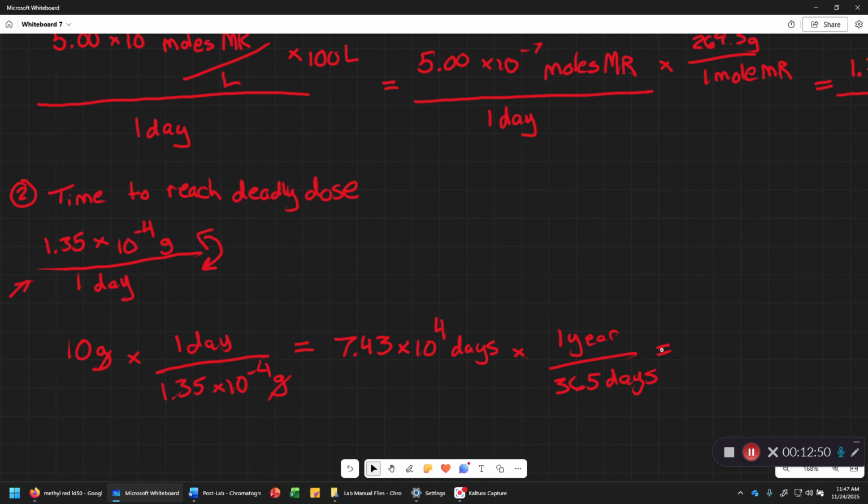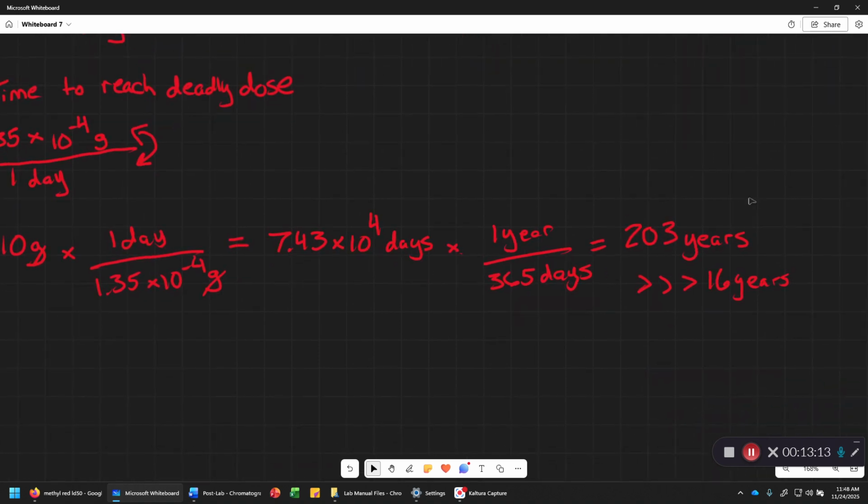What we get is quite a long time, 203 years to reach a lethal dose. Because 203 years is much, much larger than 16 years, we can conclude that this is not going to be a lethal dose. Therefore, non-lethal. The amount of methyl red in the Green River is at a non-lethal level.